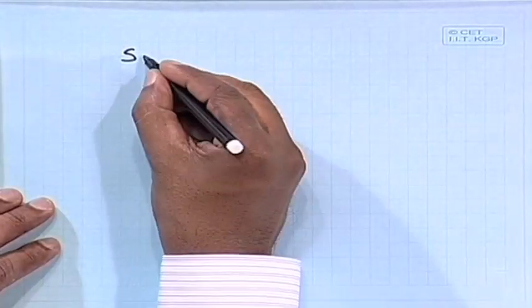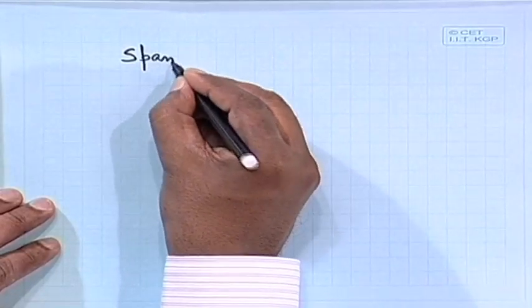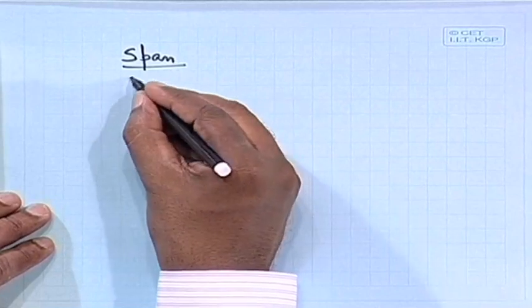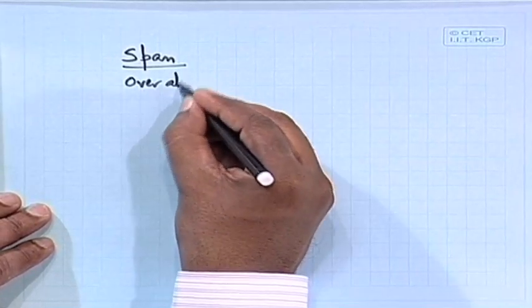Sometimes this span by depth ratio may mislead you, so even then we take it as a first assumption. So, in our case, though it is given 35, let us take span by overall depth itself.